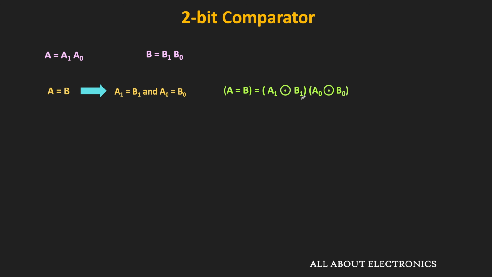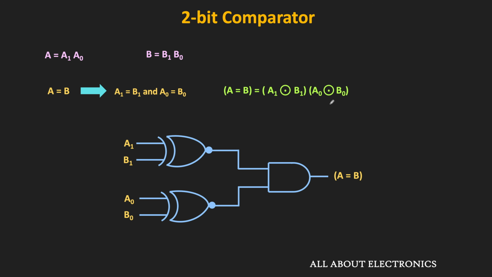Here a1 XNOR b1 corresponds to a1 equal to b1, and a0 XNOR b0 corresponds to a0 equal to b0. So this is the logical expression for a equal to b. And this is the logic circuit for the same. That means for two 2-bit numbers, using this logic circuit, we can easily decide whether the two numbers are equal or not.